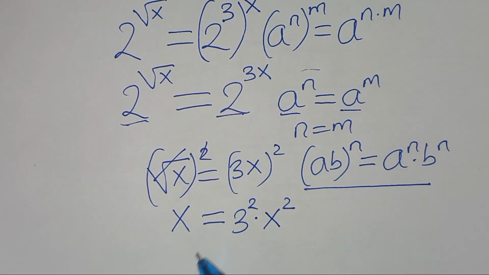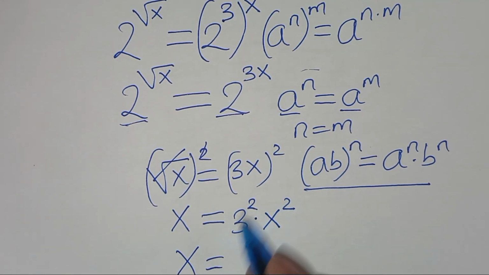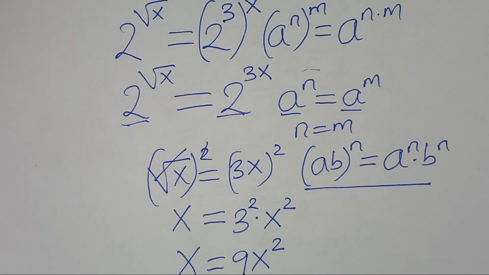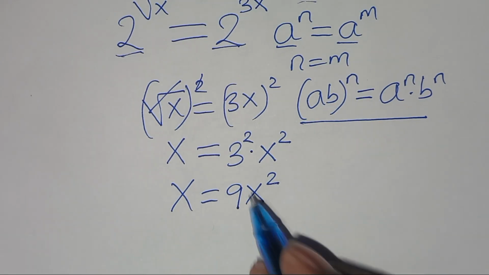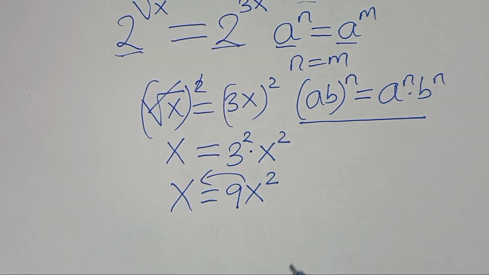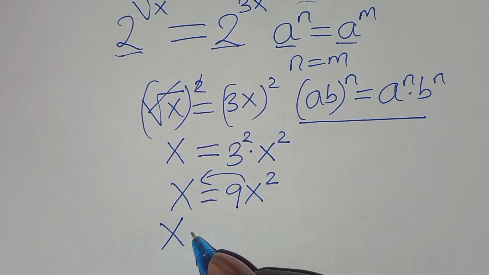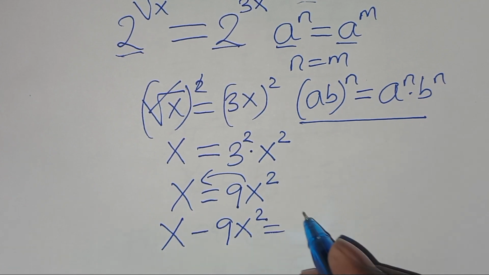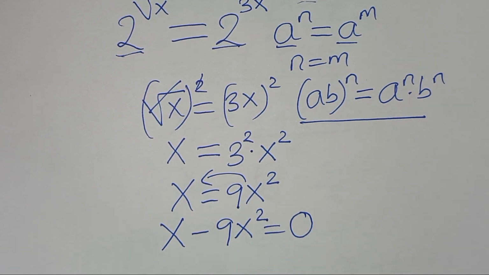So this implies that x is equal to 3 squared, which is 9, then we have x squared. So let's take 9x squared to the left hand side. This is the same thing as x minus 9x squared equal to 0.